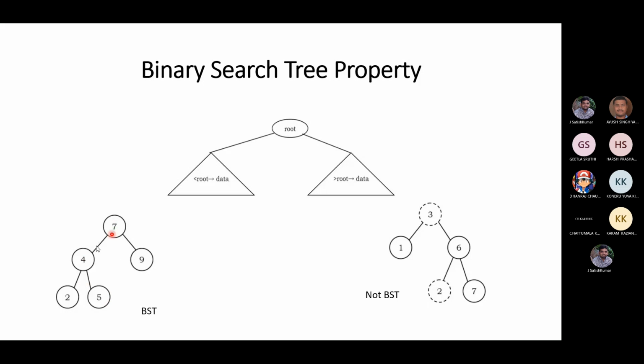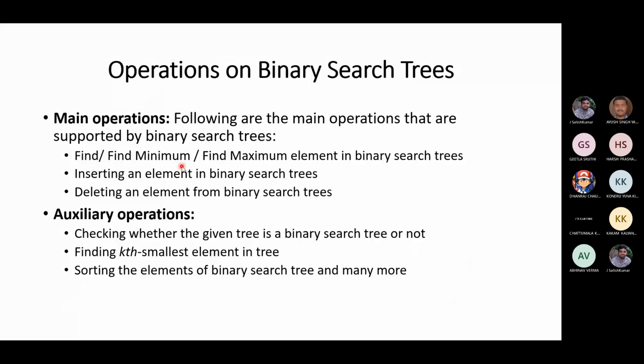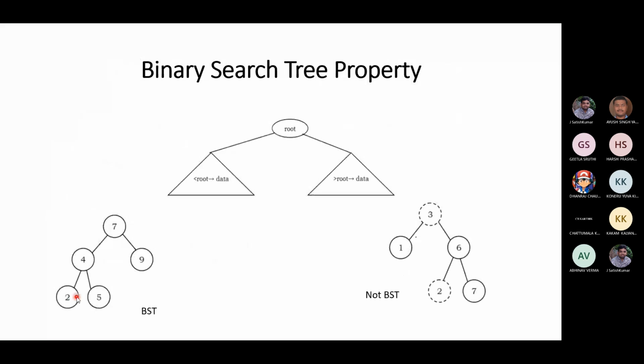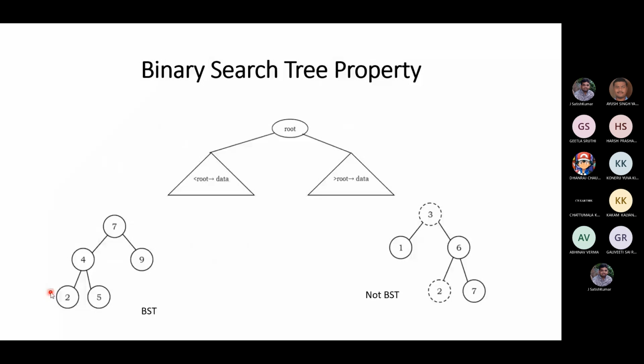So you see that you have 1, 2, 3, 4, 5 elements. Worst case, if you want to find the 5, you need 5 searches. But now how many searches you need? Only 2 searches. Within 2 searches you found the element because of the property of binary search. So you can find the minimum element. The leftmost leaf node is your smallest element, the rightmost node will be your maximum element.